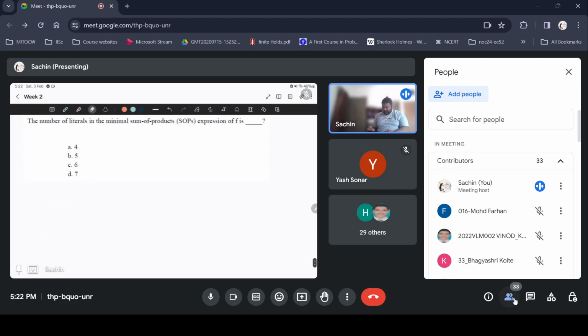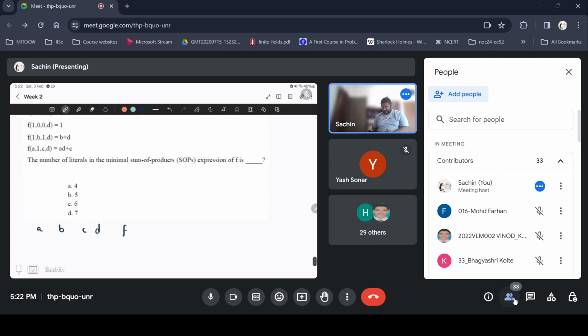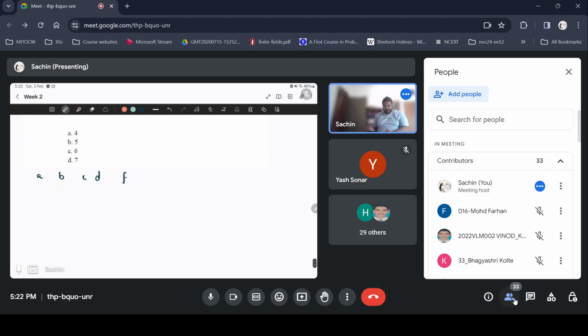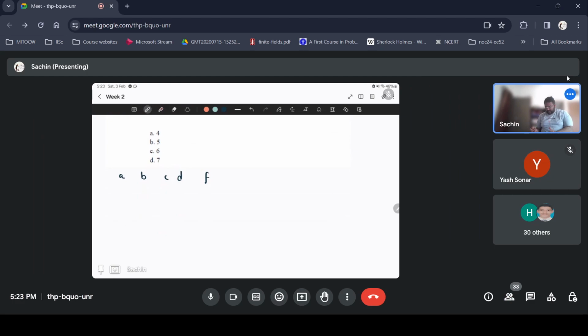There are 4 variables, a, b, c, d. So 4 variables, there will be 16 input combinations possible. We'll write them out. 5, 6, 7.